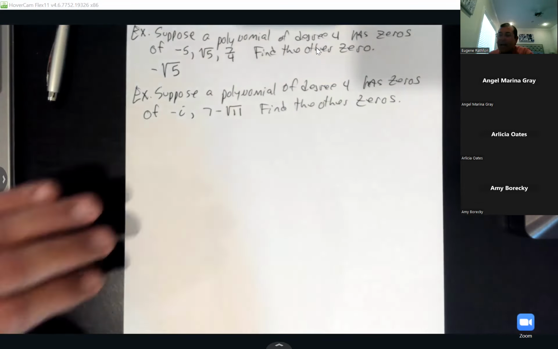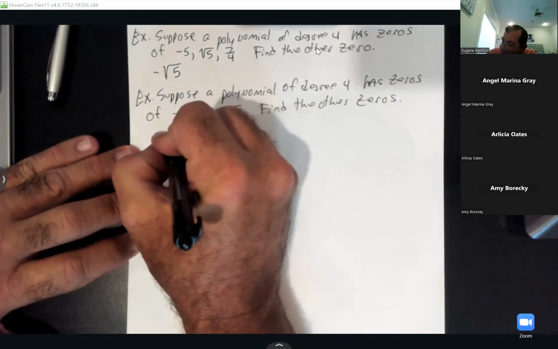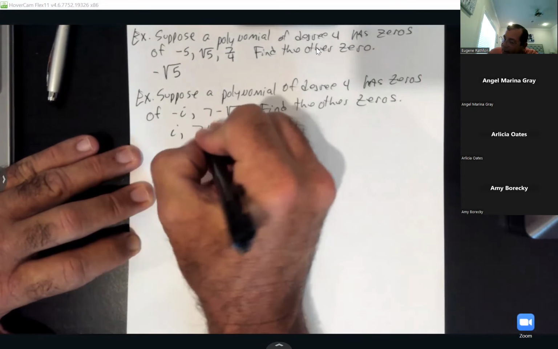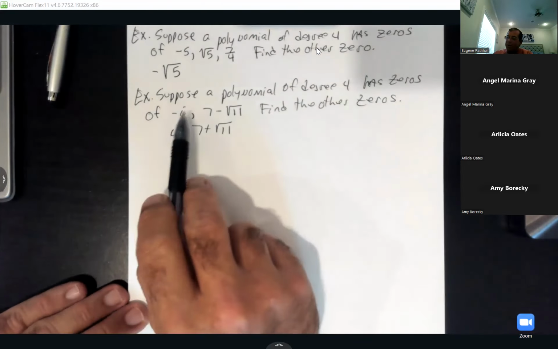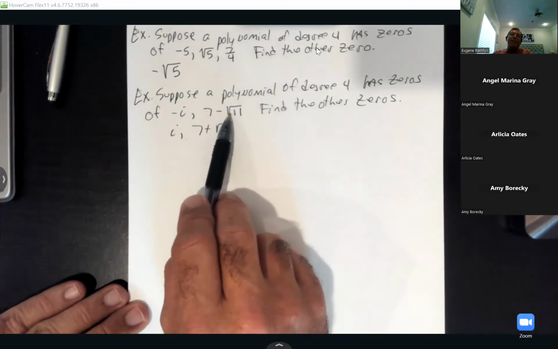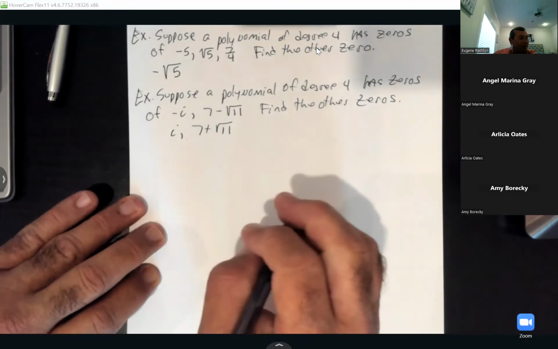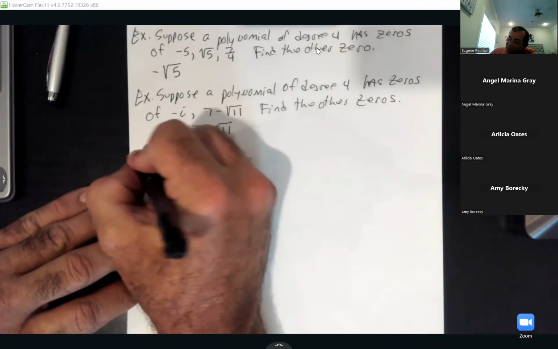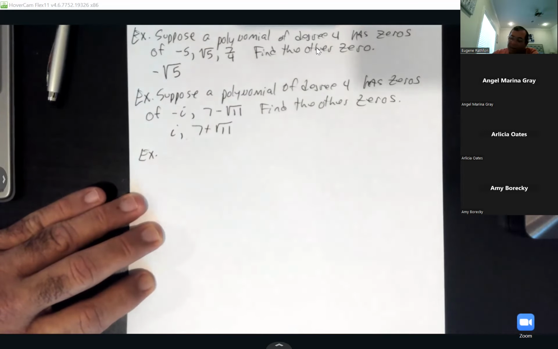So what y'all think about that one? Positive i and 7 plus the square root of 11. Perfect. Right? So the conjugate pair of negative i was the i. Good job. Conjugate of 7 minus square root of 11 was a 7 plus. All right, one more of those, then we'll move on. All right, same thing.